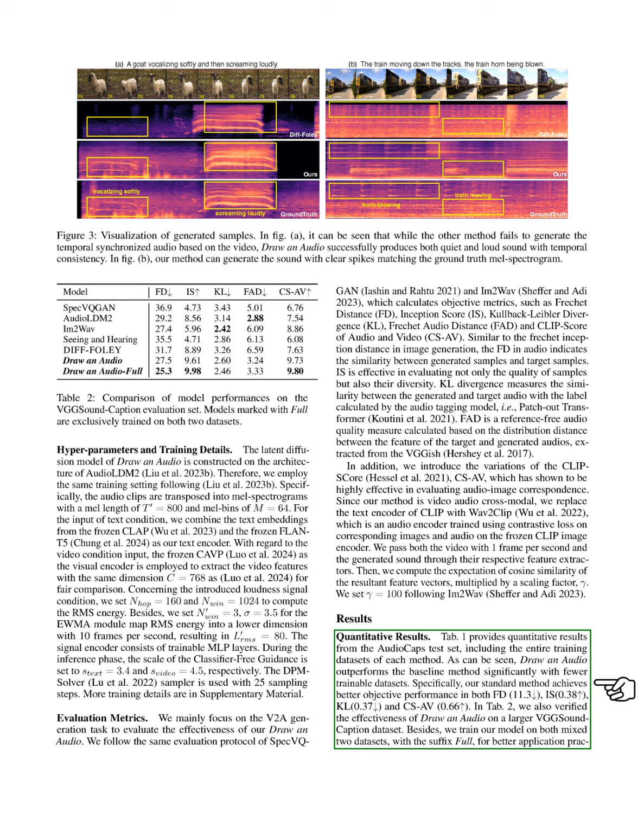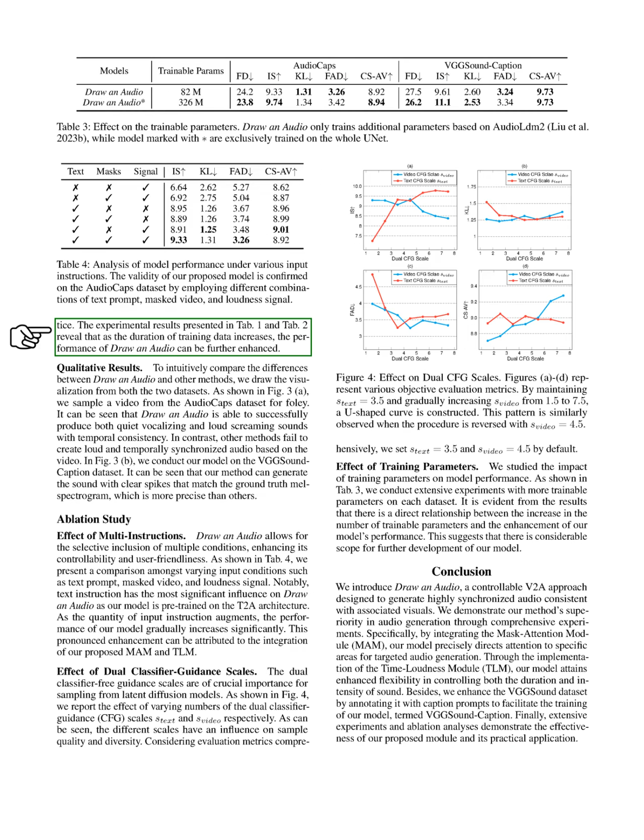Specifically, we achieve better performance in various metrics, including a decrease in FD, an increase in IS, a decrease in KL, and an increase in CLIP-AV. We also tested Draw an Audio on a larger dataset, VGG sound caption, and trained our model on both datasets combined for improved practical application. Our results indicate that as the amount of training data increases, the performance of Draw an Audio improves further.